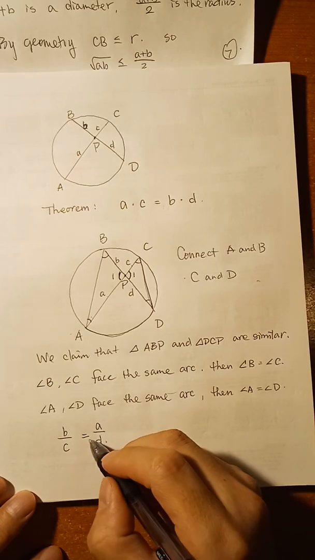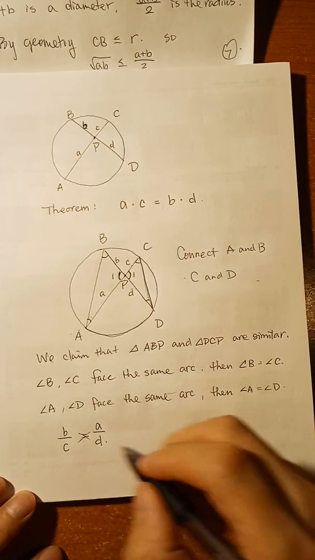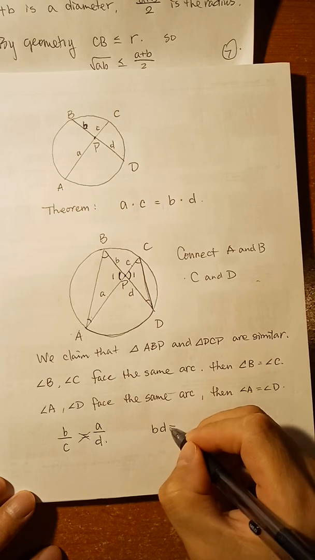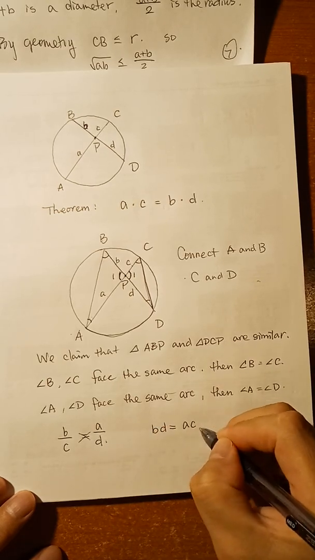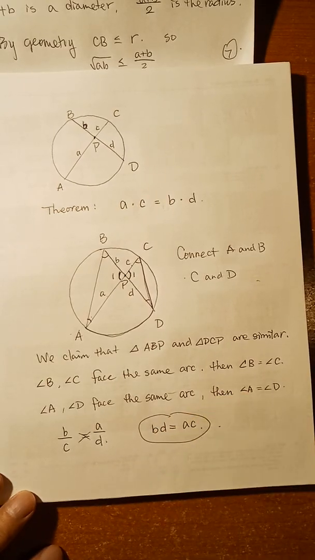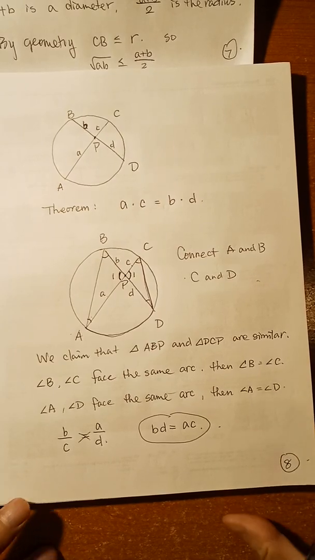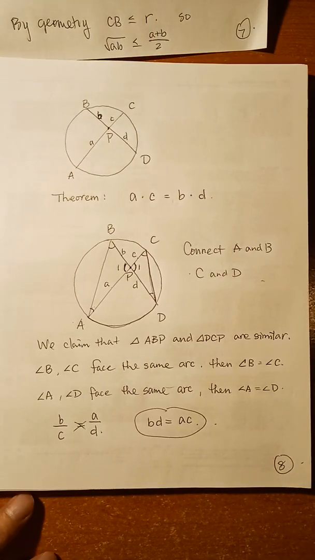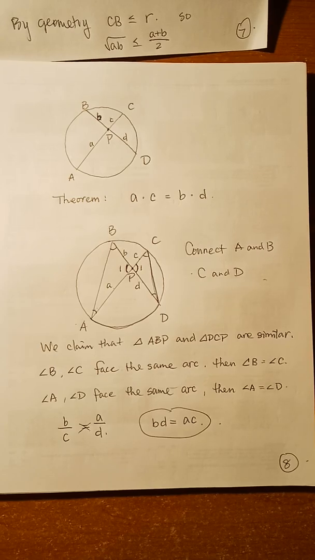Now let's do the cross multiplication. You do cross multiplication, you get BD is equal to AC. So that's a very short and quick proof.